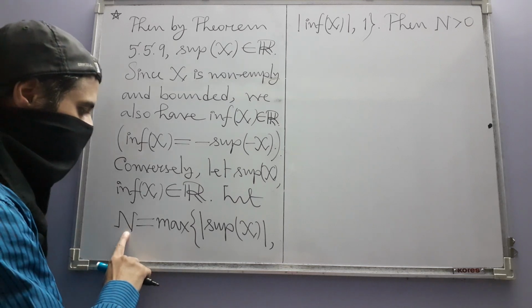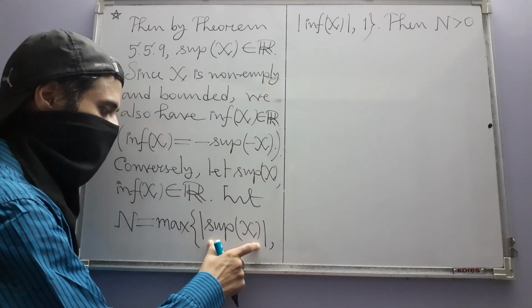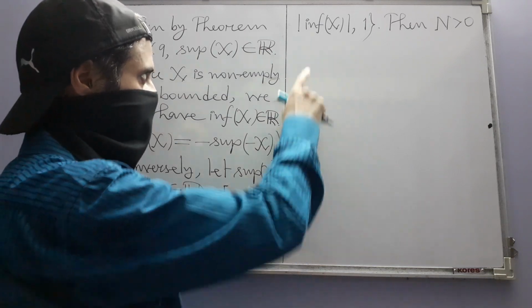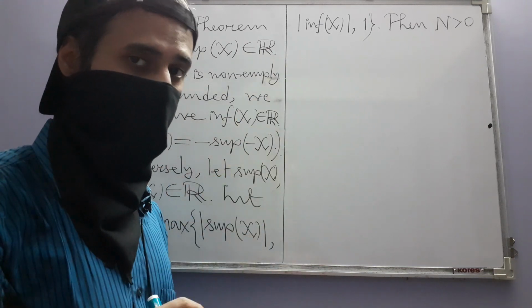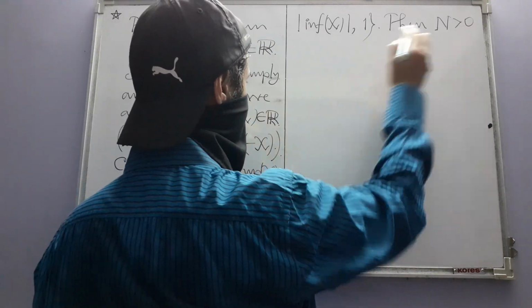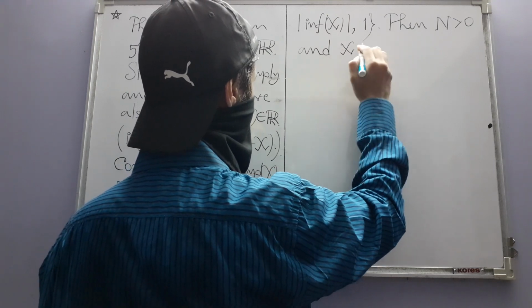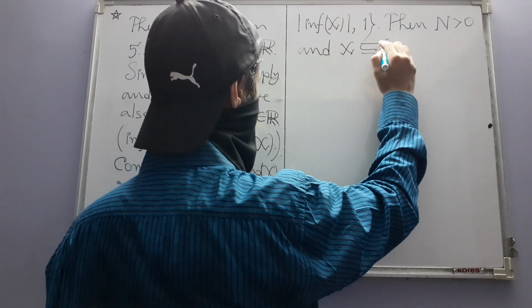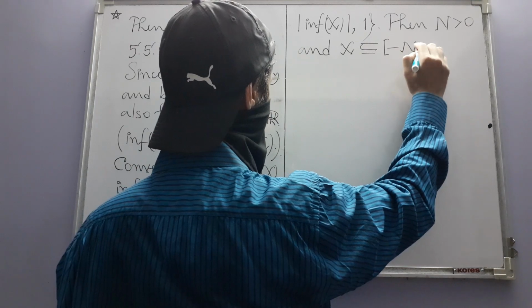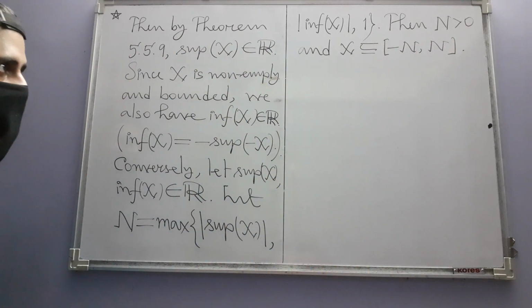Furthermore, this N will be greater than or equal to the absolute value of the supremum and also greater than or equal to the absolute value of the infimum, from which you will next get this as well. Then X is a subset of this closed interval minus N comma N.